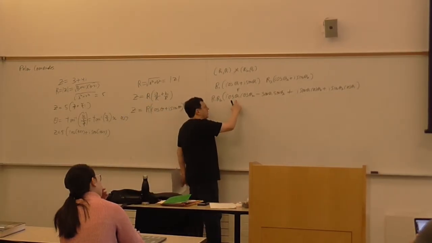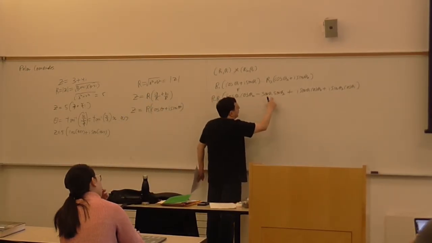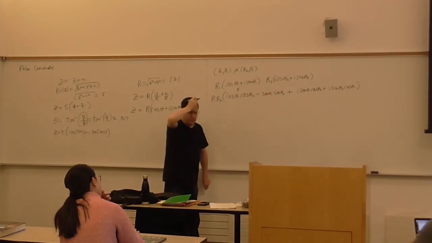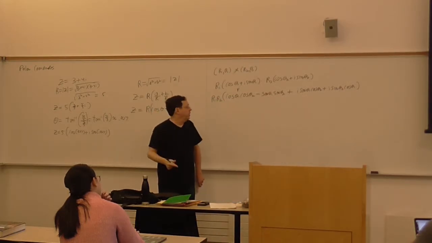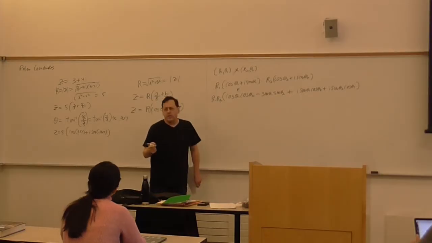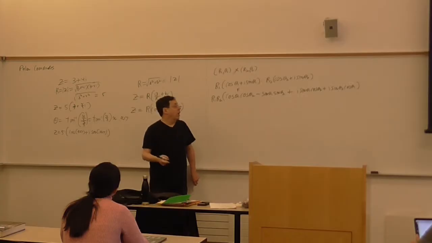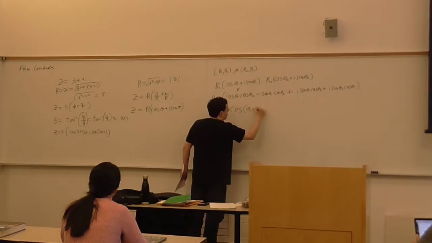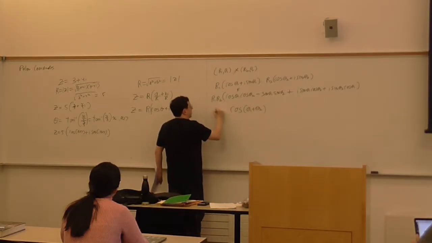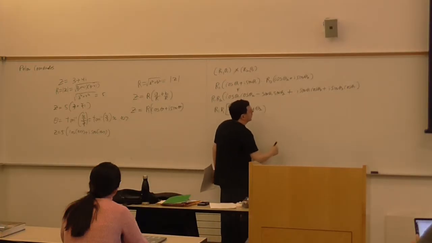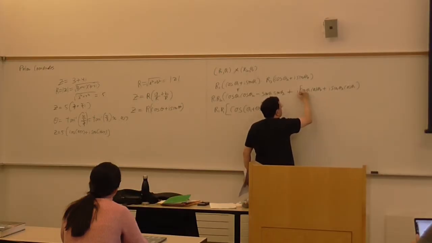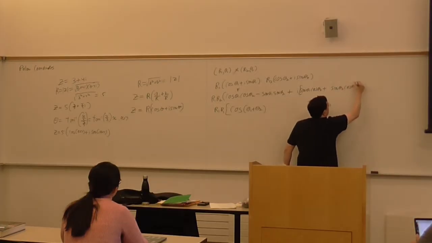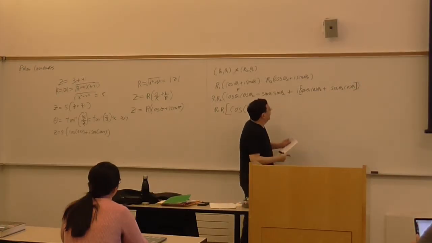Take a look here. Cosine theta 1 cosine theta 2 minus sine theta 1 sine theta 2. That should trigger something. Cosine of x plus y is cosine x cosine y minus sine x sine y. This is just cosine of theta 1 plus theta 2. Over here, if we take our i out, what do we have?